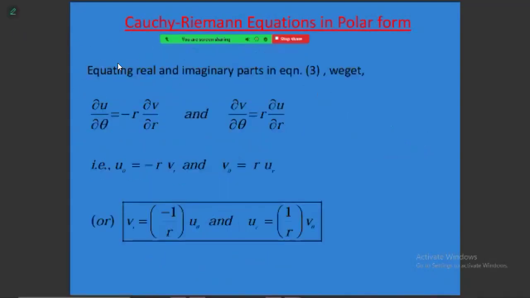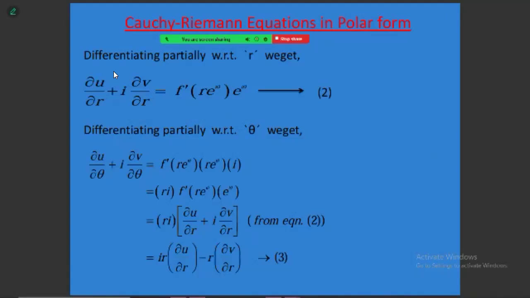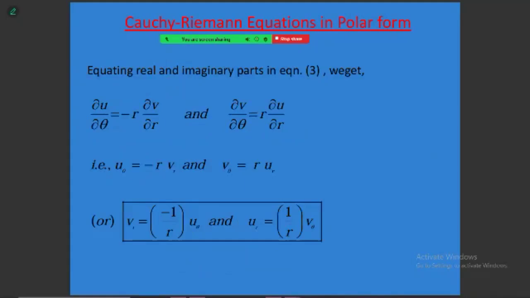Next, equating the real and the imaginary parts in this term. So, I am going to equate these two things, the real and imaginary parts. This is the real part: u theta is equal to minus r into v r, and the imaginary part is v theta is equal to r into u r.